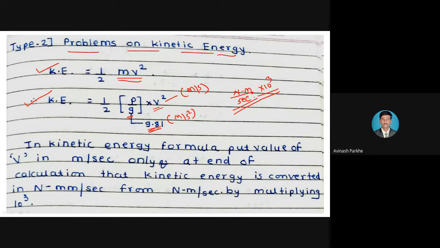While calculating the kinetic energy, we have to use the value of V, the speed in meter per second, and the value of g, 9.81 meter per second square. From that, you will get the kinetic energy in the form of Newton meter per second.